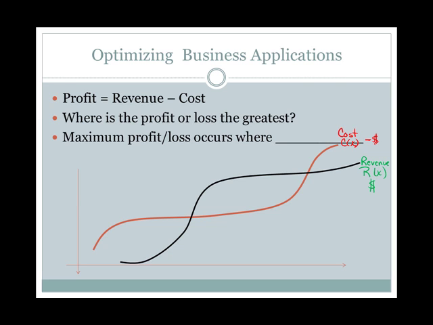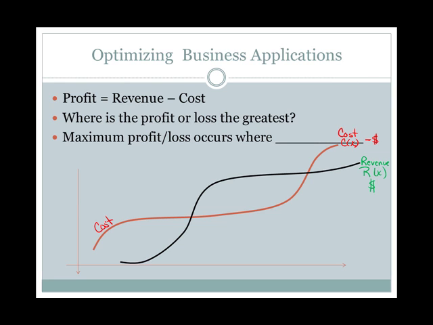And when we talk about profit, then our profit is when we take our revenue, the money coming in, and we subtract our costs. Now let's talk about this graph a little bit. At first, at the beginning of our company, if we're opening our company's doors, we notice the cost graph is higher than the revenue graph.